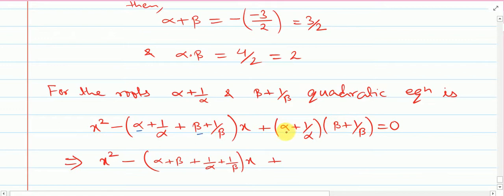So this alpha will multiply to each term in this bracket. So you will get alpha into beta plus alpha upon beta, and then this 1 upon alpha will multiply to each term inside. So you get beta by alpha plus 1 by alpha beta is equal to 0.